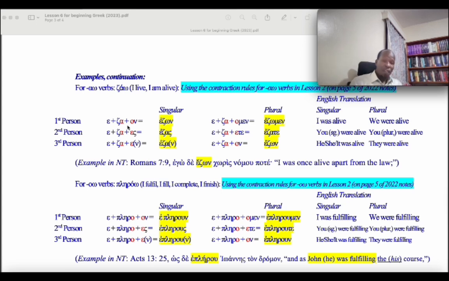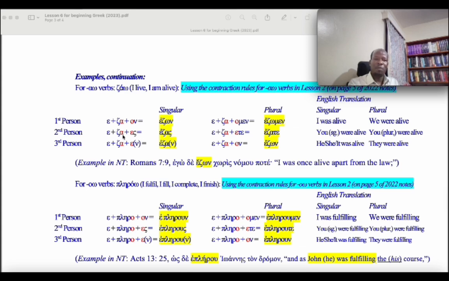Alpha plus omicron will result in the long vowel omega. And if you have an alpha and then an epsilon, the two contract to give you an alpha itself.